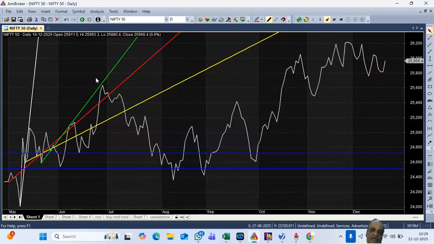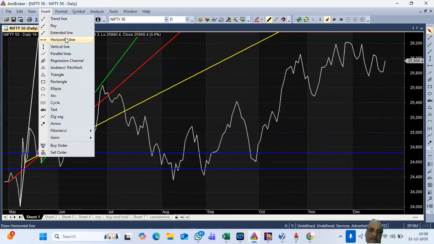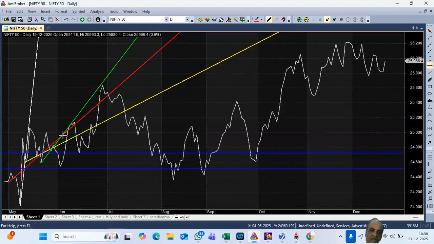Okay. Now you can see. Now you will see that we have already placed this trend line. Now you can see this acted as the area of resistance. And as usual, we will place one horizontal line here, and see how it happens. Right.